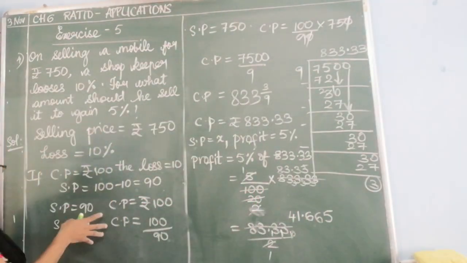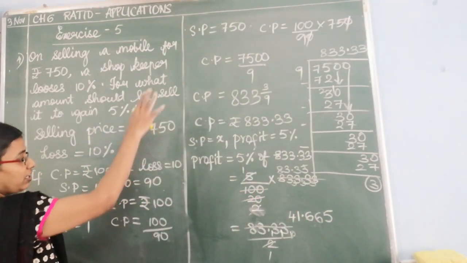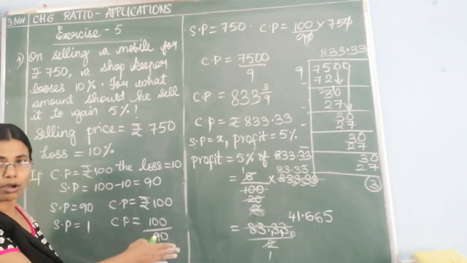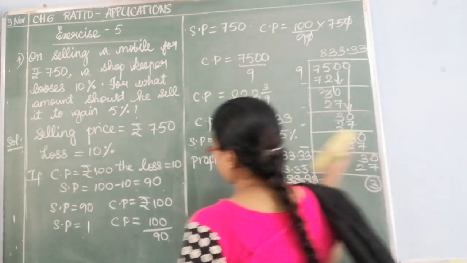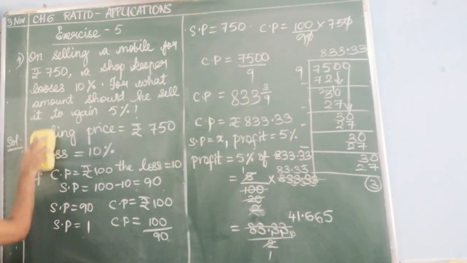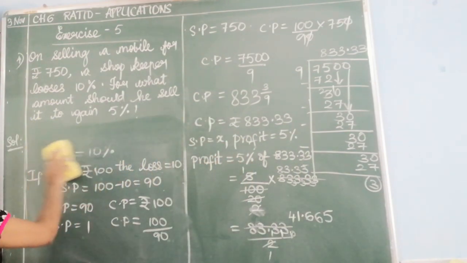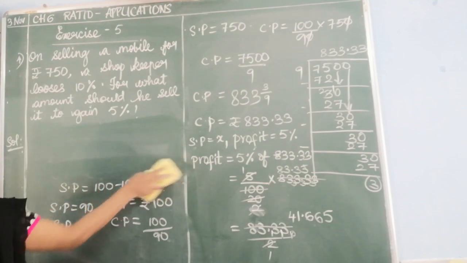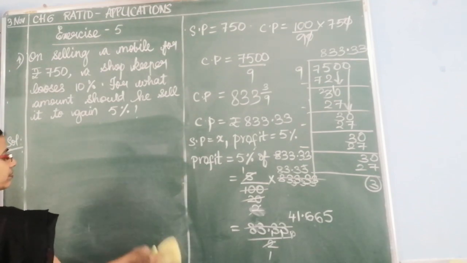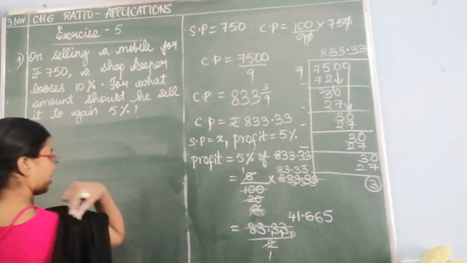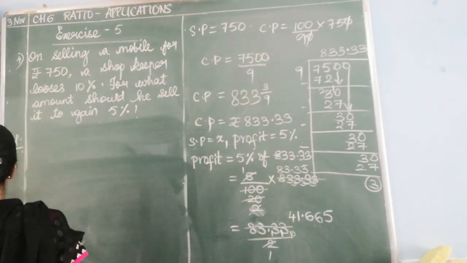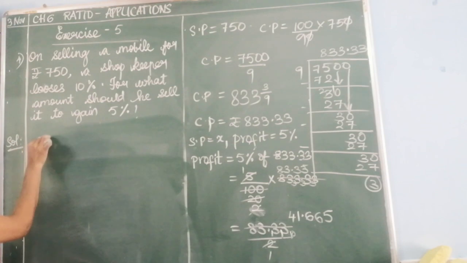The last part, I am erasing this, you copy this part. Till here all of you first copy. Okay? Copy this. After you copy, the last part I am writing this side. So you want to find out the SP. SP means selling price.